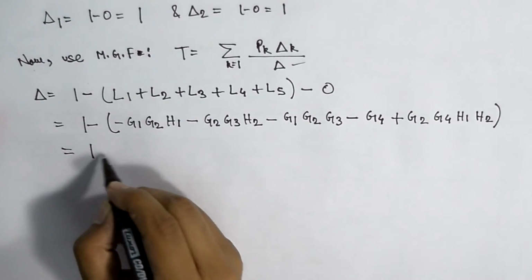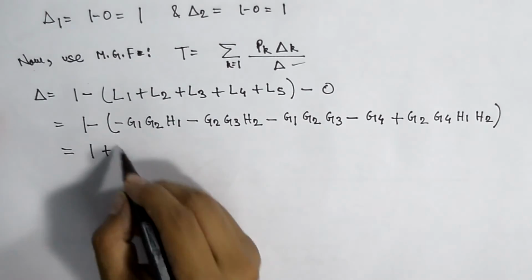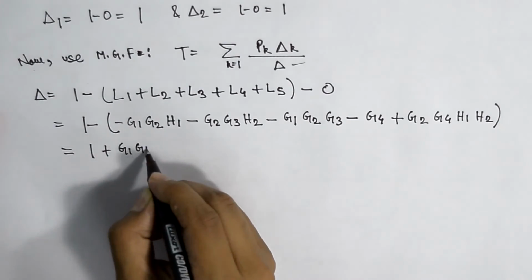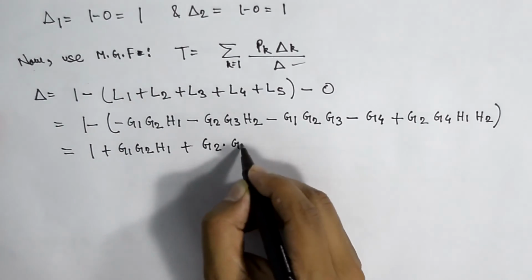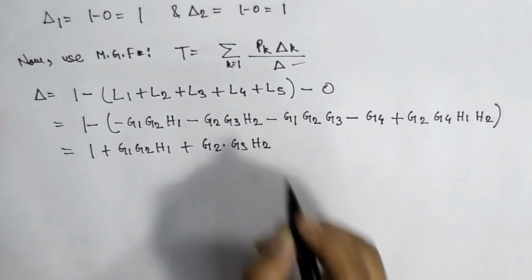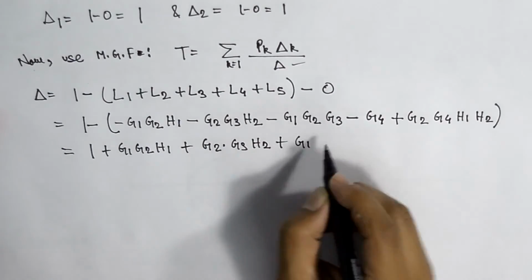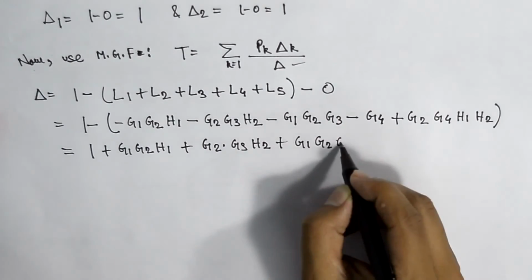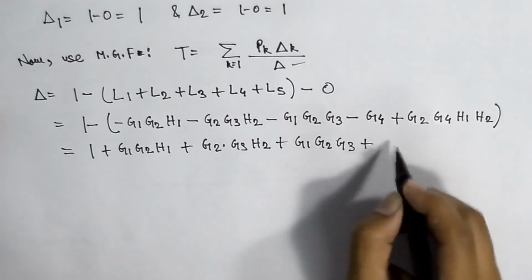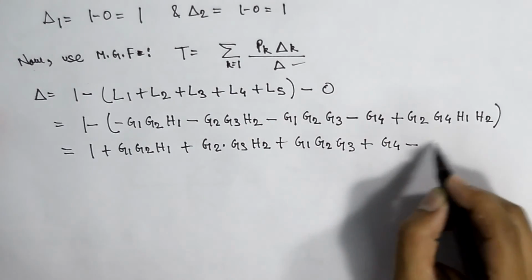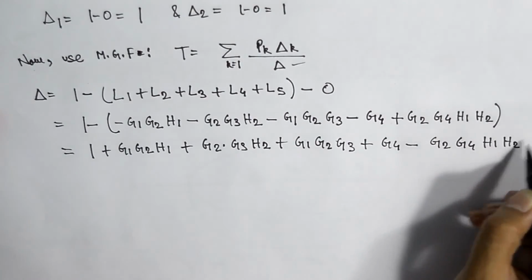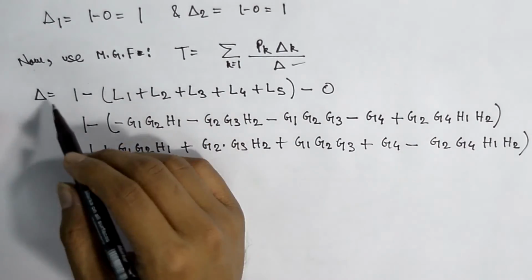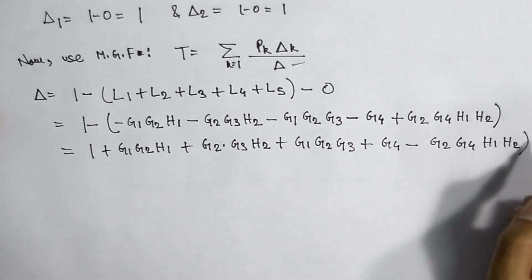Now simply convert this negative sign to positive, that is G1 times G2 times H1 plus G2 times G3 times H2 plus G1 times G2 times G3 plus G4 minus G2 times G4 times H1 times H2. So here we have got the overall result of delta.